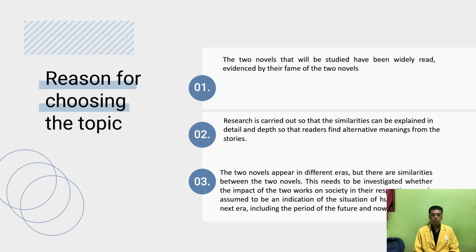Research is carried out so that the similarity can be explained in detail and depth, so the reader can find alternative meaning from the story. From this, it is assumed that the research can explain the broader sociocultural aspects of the two different eras.